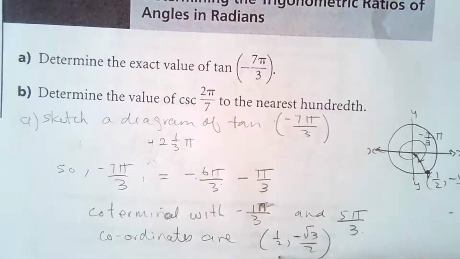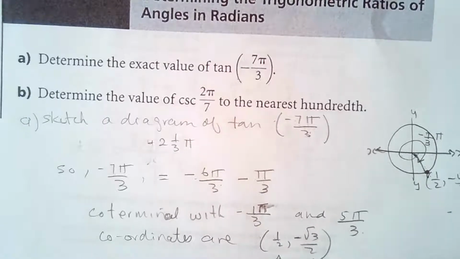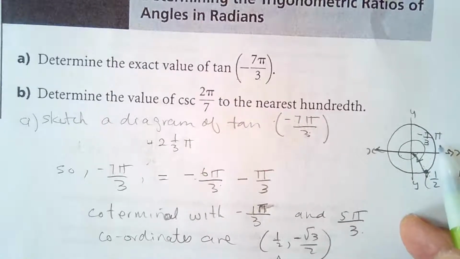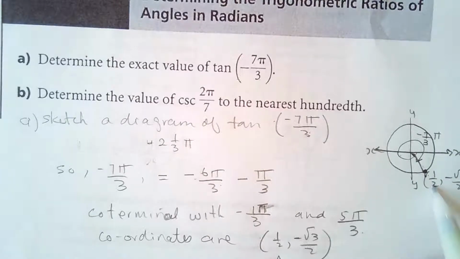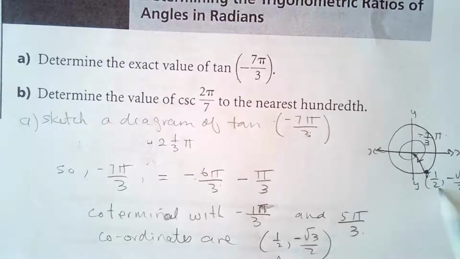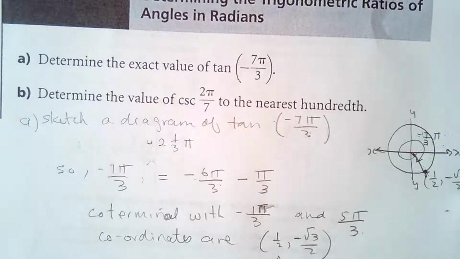Now remember, this is cos and this is sine. So cos of negative 7 pi over 3 is 1/2, and sine of negative 7 pi over 3 is negative √3 over 2.